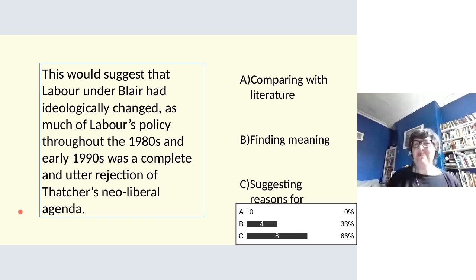Right, so again, this is quite interesting. Now, I'm really pleased none of you saw this as comparing with literature. So why? Can I just ask anybody, want to say why they didn't think there was any comparison with literature? Might be quite obvious, but what would you expect to see there if you were comparing with literature?